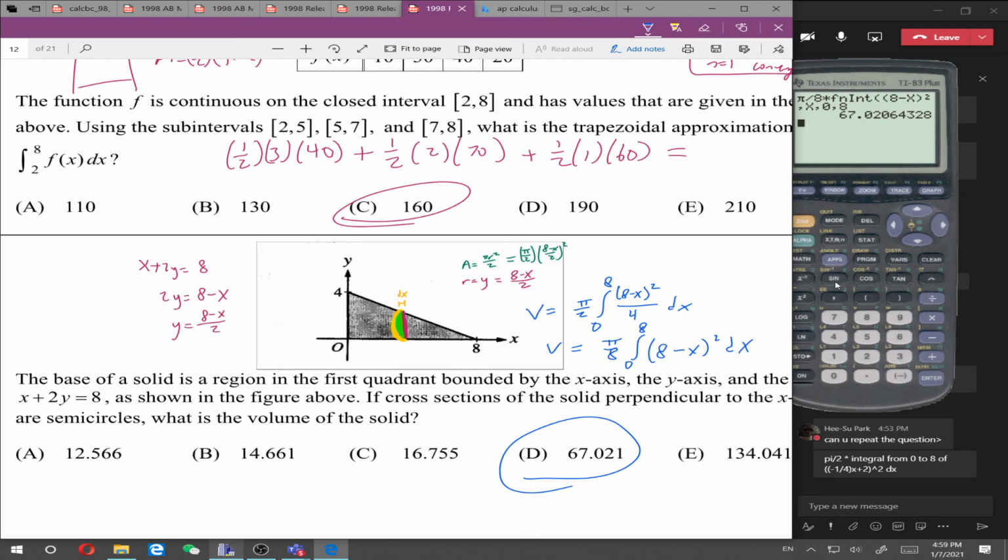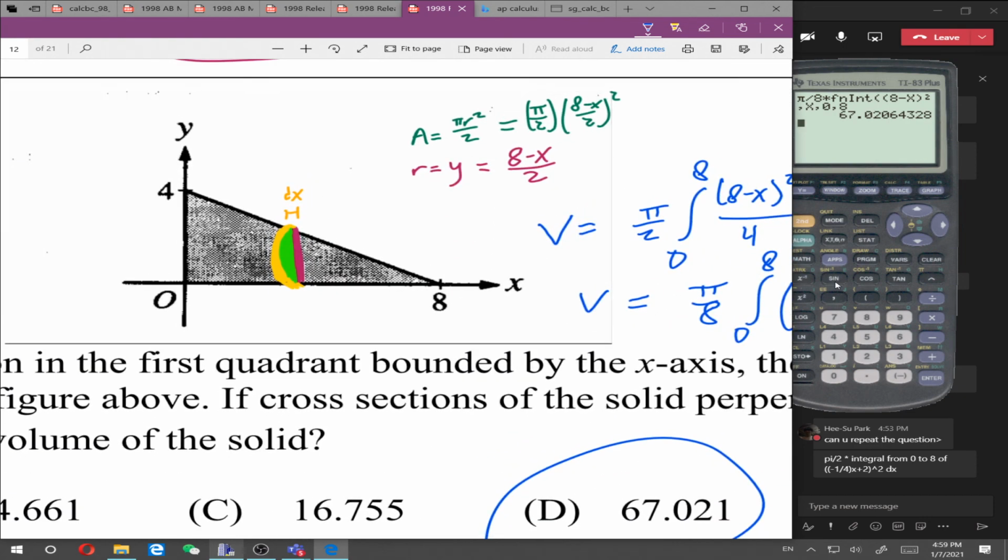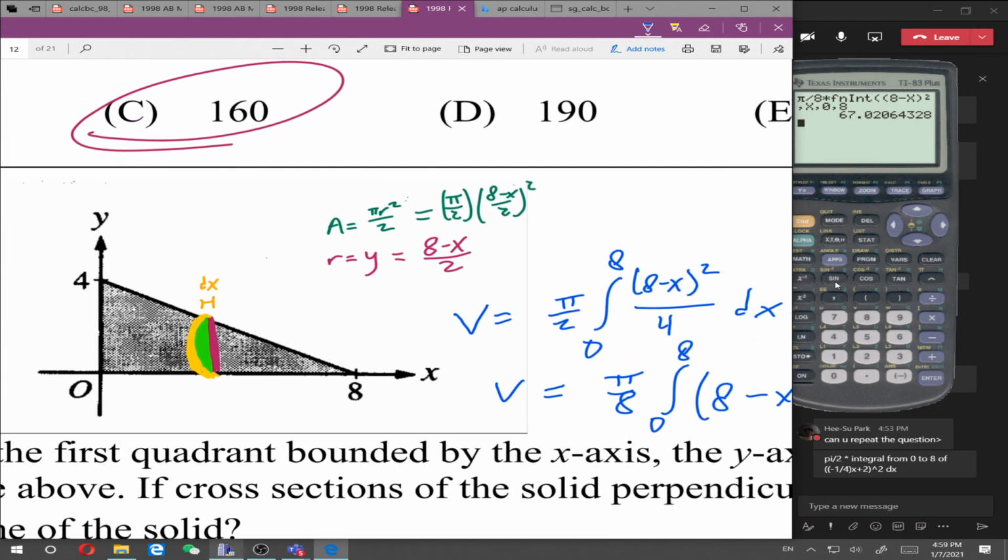I didn't halve our radius. That's why. My radius is not equal to my y value, actually, as my radius is going to be half that distance.